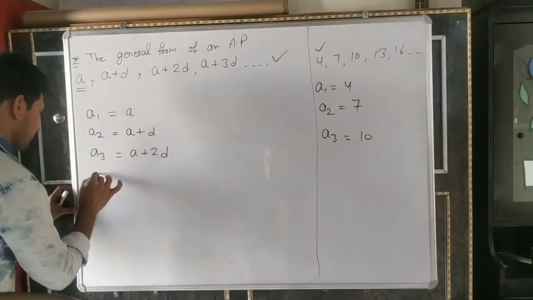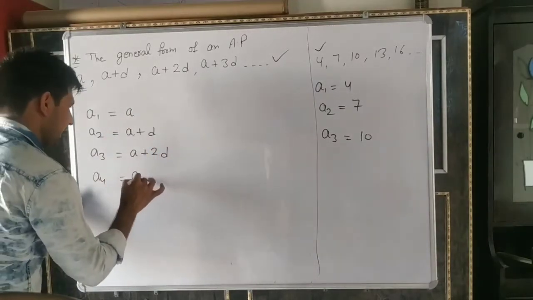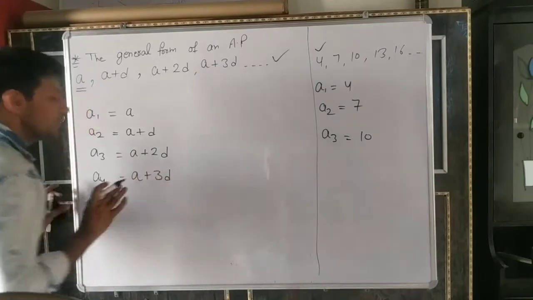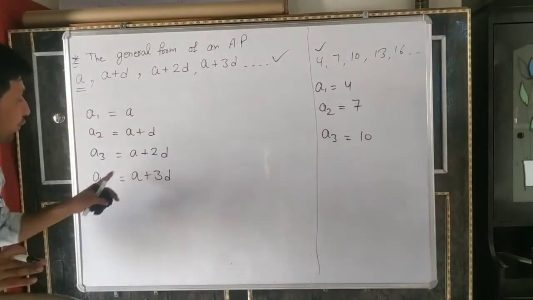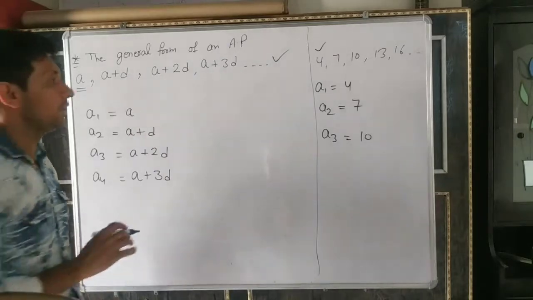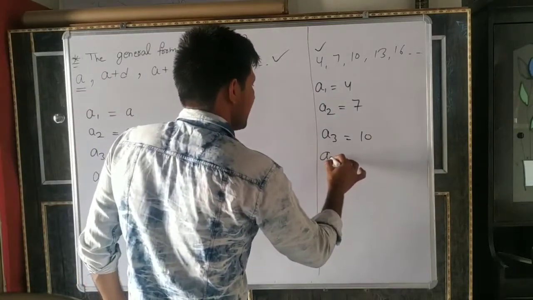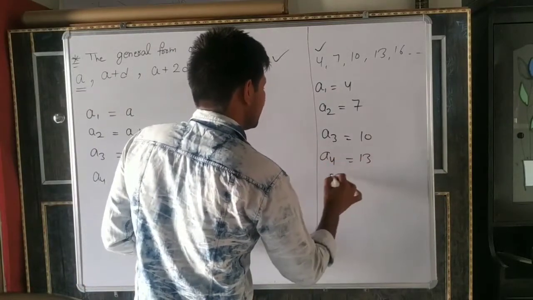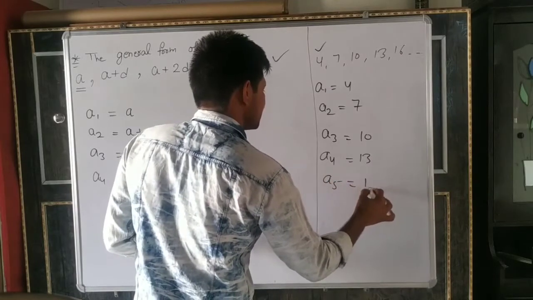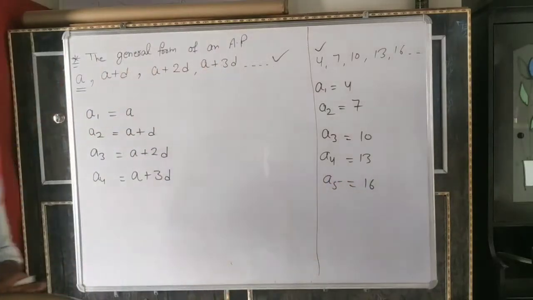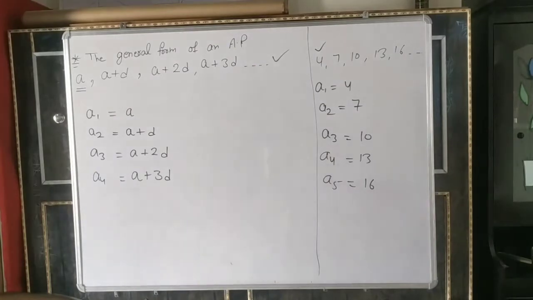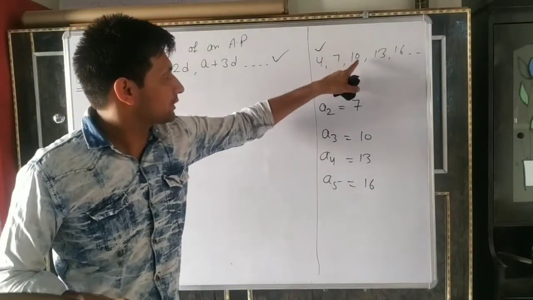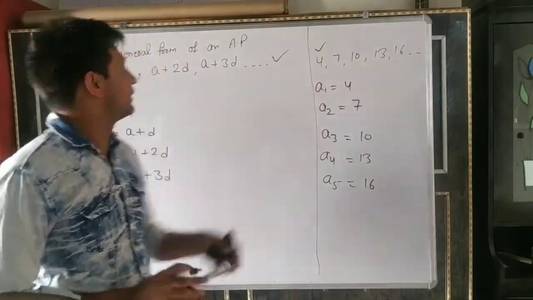A4, dear, is A plus 3D. Do you understand? What is the fourth term? A plus 3D. Same as here, A4 is 13. A5 is 16. Understand it? First term, second term, third term, fourth term, fifth term.